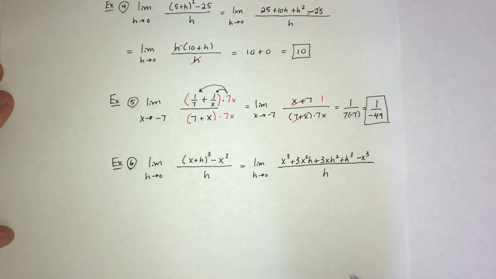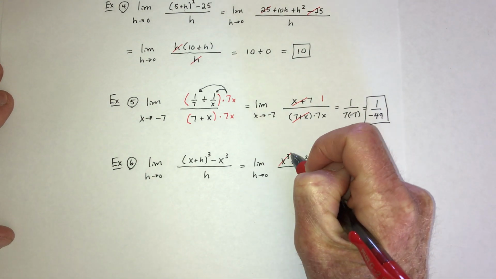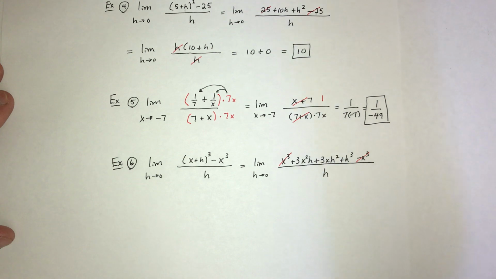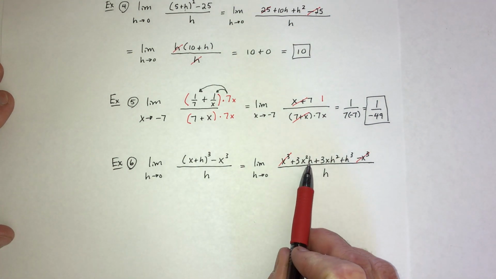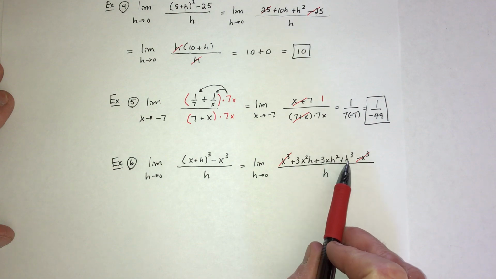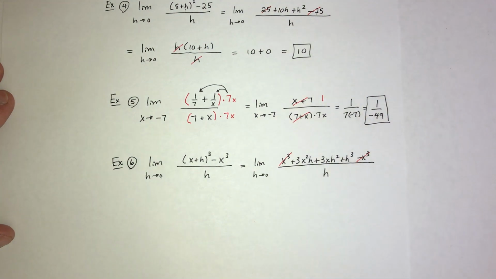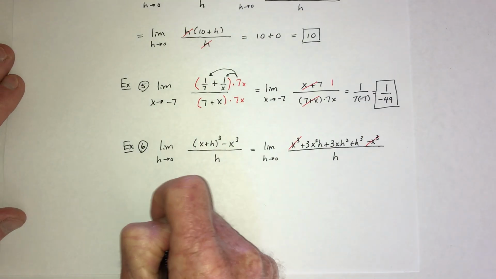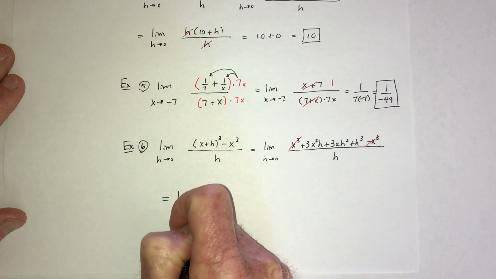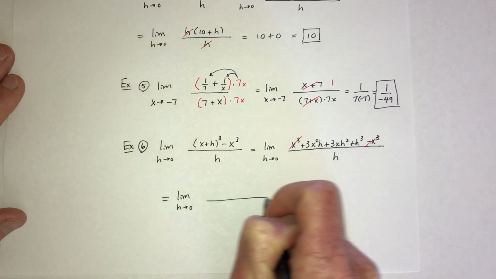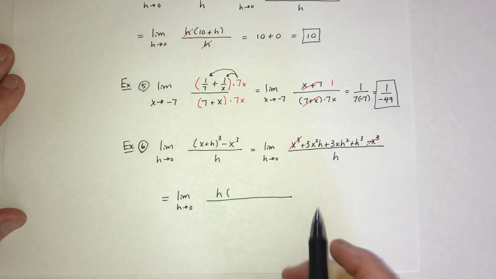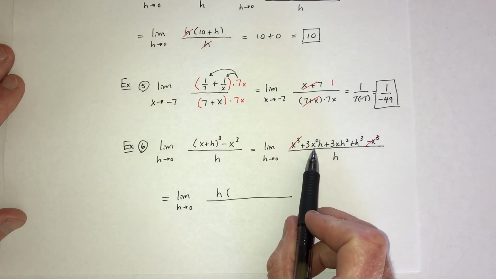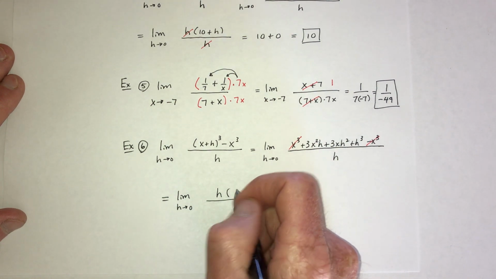And then start reducing. There's a positive x cubed, and then there's minus x cubed, so those two cancel each other out. And then this has h, this has an h, and this has an h. So from what's left, we could factor out an h. So when you factor out an h, this one is going to have 3x squared.